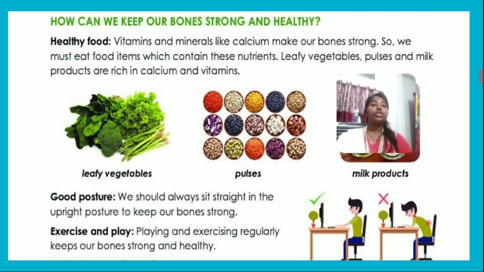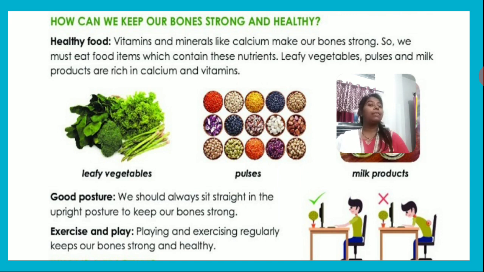We should always sit straight in an upright posture to keep our bones strong. To keep our bones strong and healthy, we should maintain our posture. The walking style and the sitting style should always be straight instead of bending.